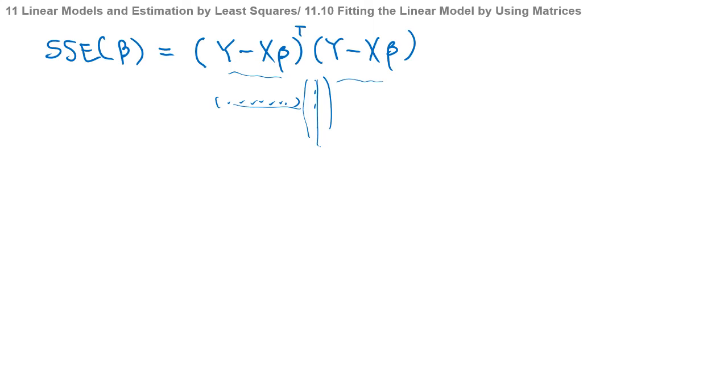And this expression can also be written this way: y transpose y minus 2 beta transpose X transpose y, plus beta transpose X transpose X beta.